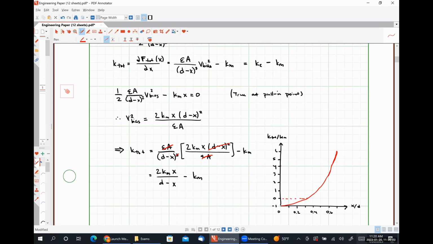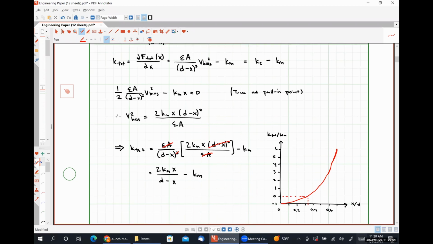These guys cancel out here at this point. So when our displacement is less than effectively d over 3, our mechanical spring is able to counteract the pull-in effect of our applied voltage. At exactly d over 3, the mechanical spring force and the electrical spring force cancel each other out.